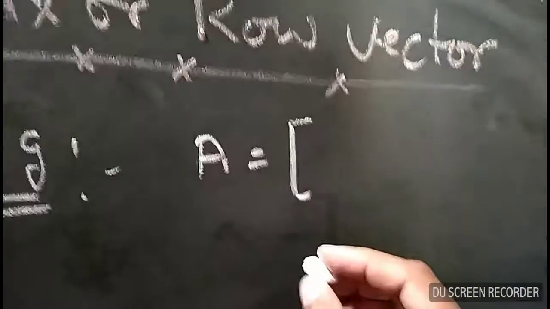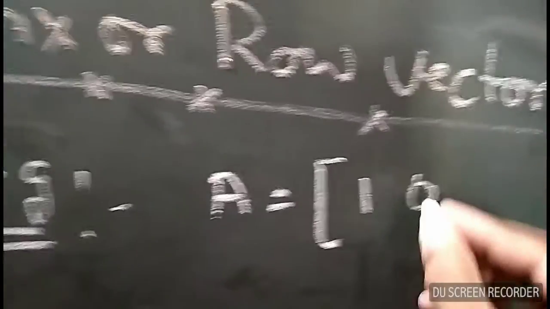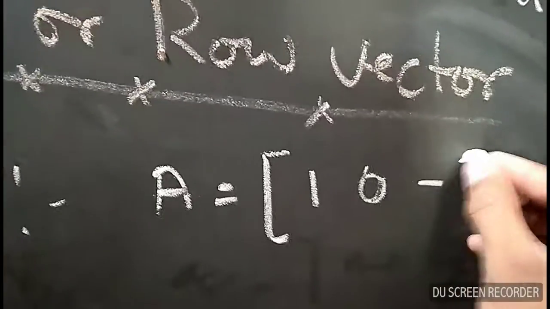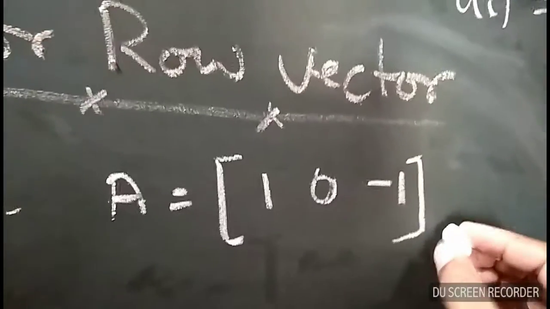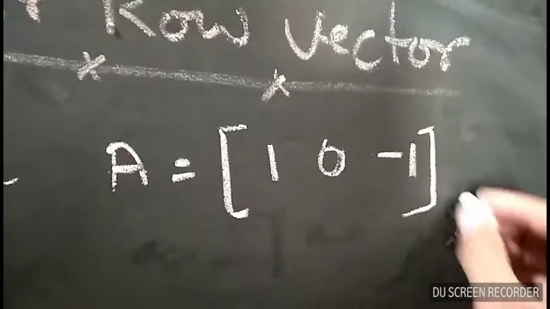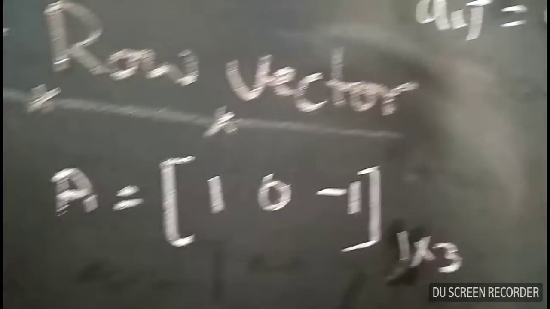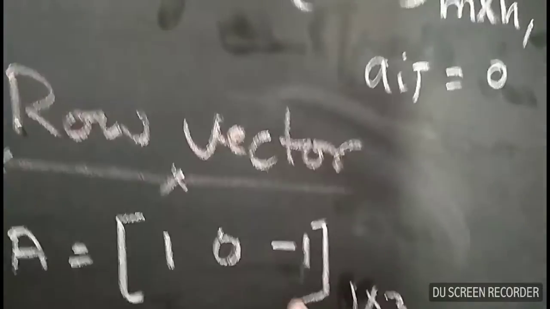For example, we let a matrix A such as 1 0 minus 1, that is 1 cross 3 order, that is 1 row and 3 columns.